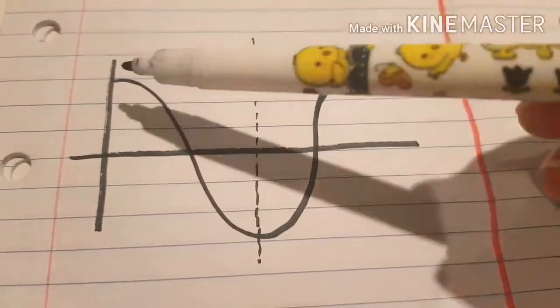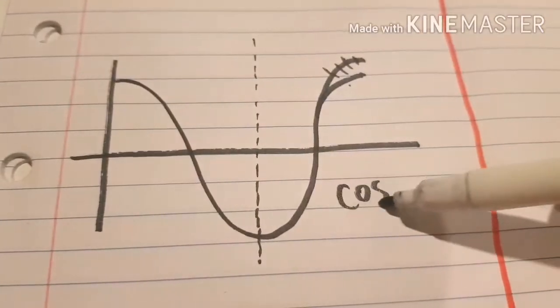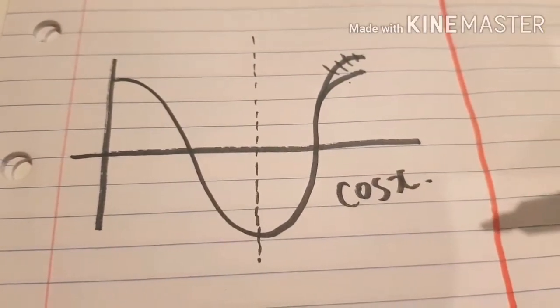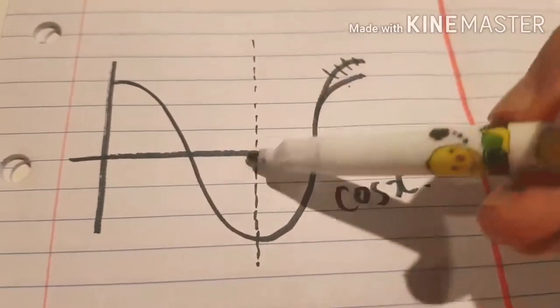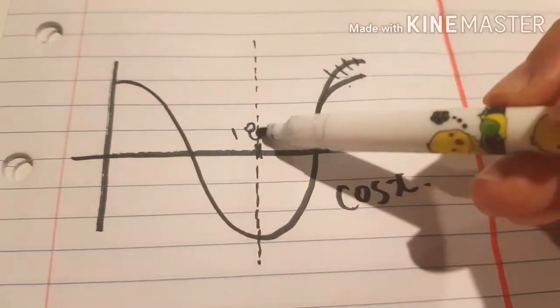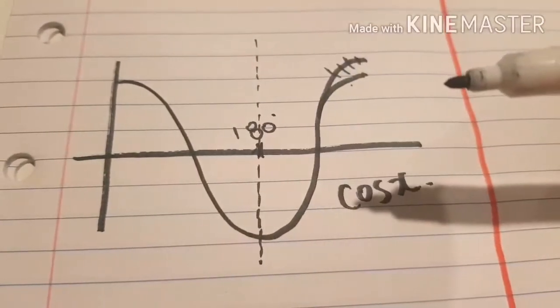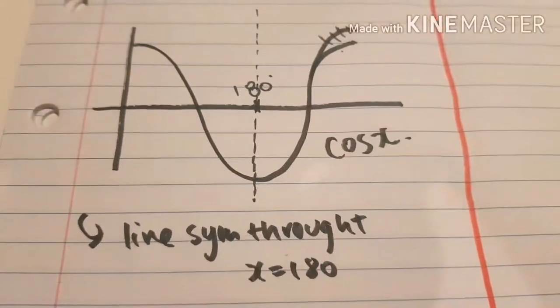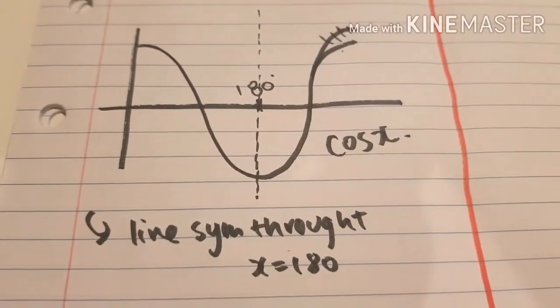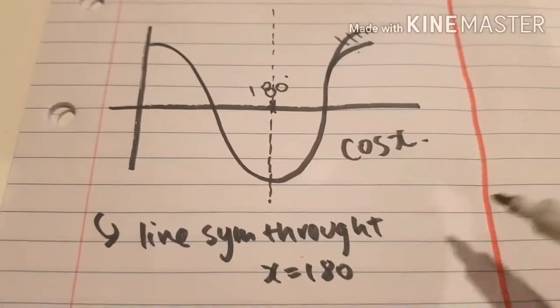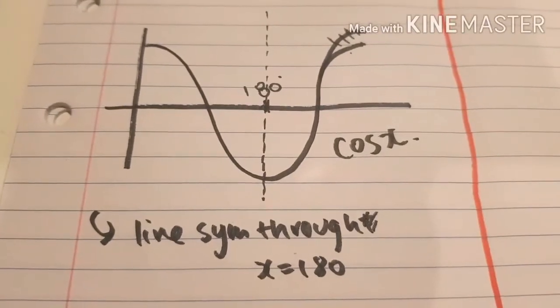So the cosine curve also has line symmetry. If I say this is 180 degrees, then the graph has line symmetry through x equals 180.